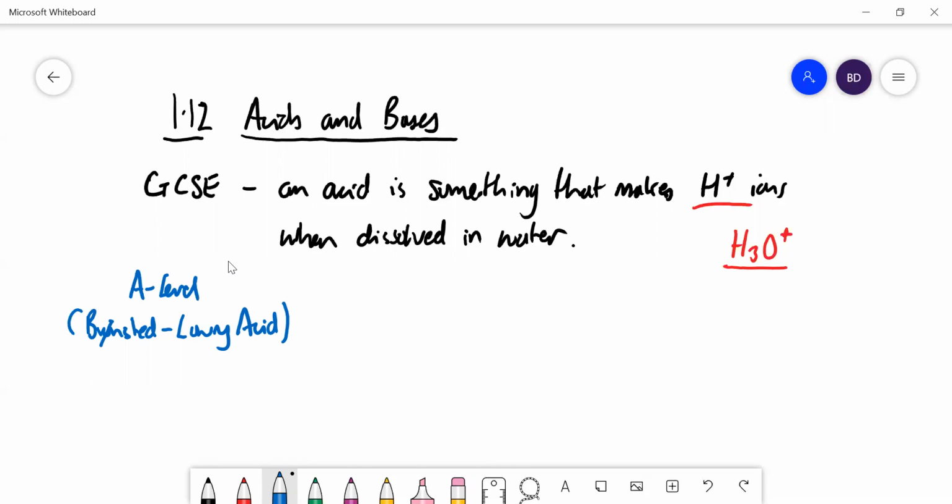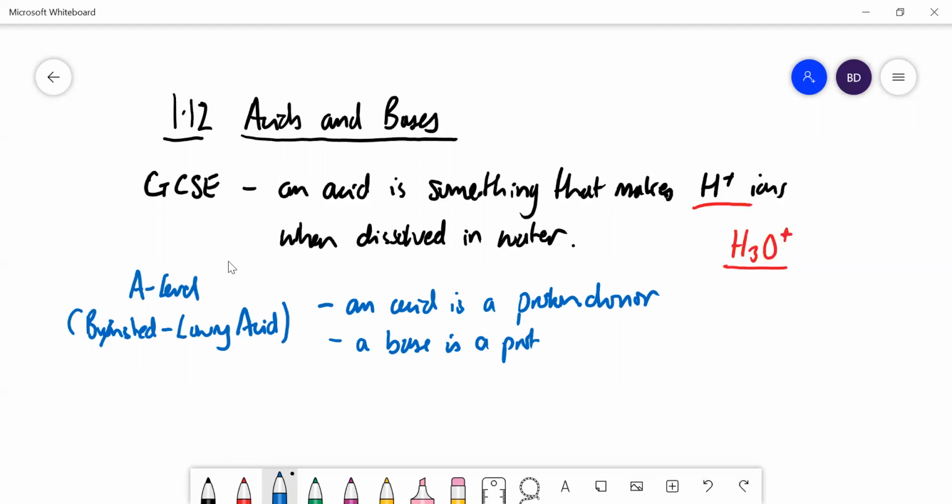A little bit later on, you probably learn about Lewis acids as well. But a Bronsted-Lowry acid is a proton donor. And that means a base is a proton acceptor.